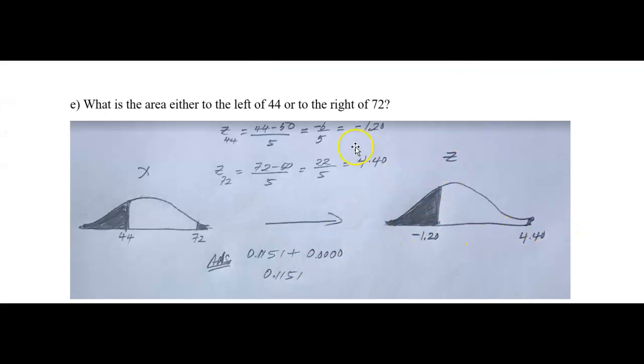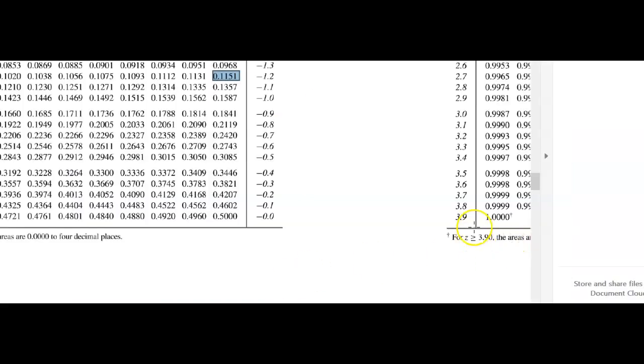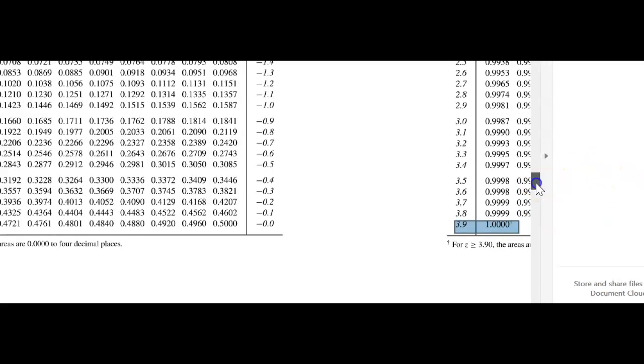For the area to the right, we know that anything beyond 3.9 is going to be 0. Look at the table: at 3.9 we have 1, and remember, this is the area on the left side. If the left side of 3.9 is 1, the right side would be 0, because the area under the whole curve is 1.